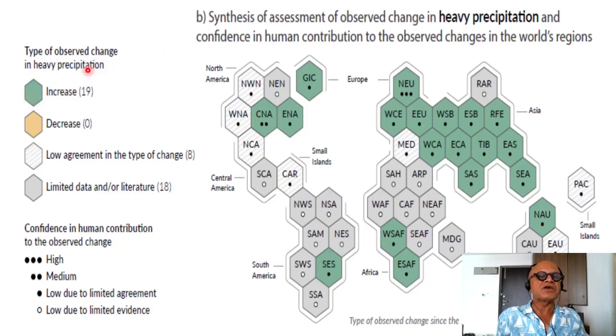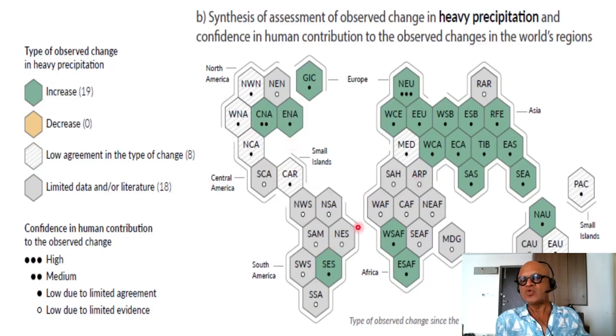So looking at type of observed change in heavy precipitation, now you can see that there are only 19 regions where there is an increase in heavy precipitation, but none of the regions show any decrease. But the number of regions with low agreement or limited data and or literature are large here compared to the heat extremes, and the confidence in human contribution also varies quite a bit.